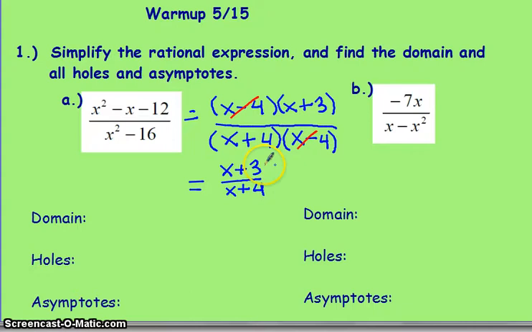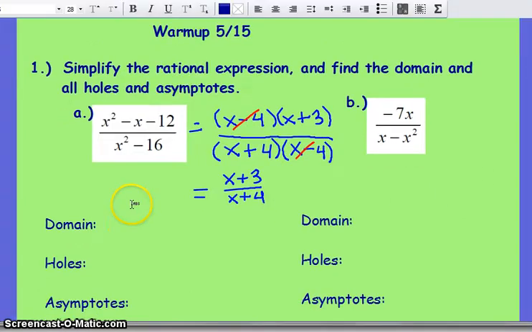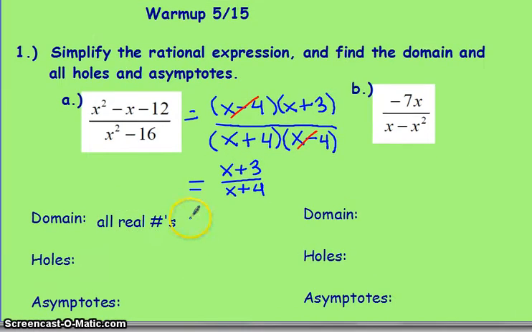So the domain for this is going to be all real numbers. And let's look at what the restraints are that we need to put. It's not all real numbers. There's a few numbers that would make the original expression undefined. If I were to put in x equals 4 or negative 4, then I would get 0 in the denominator, creating an undefined expression.